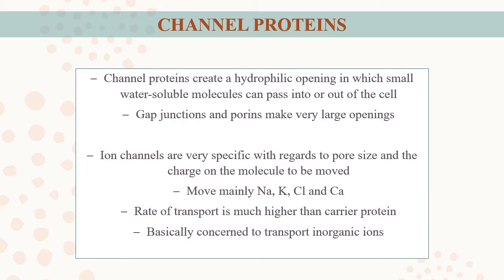They move mainly ions such as sodium, potassium, chloride and calcium. The rate of transport is again much higher than the carrier protein. Repeatedly I am telling, the ion channels are basically concerned with transporting inorganic ions.